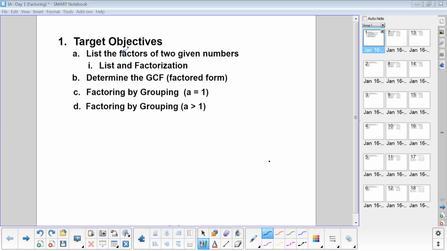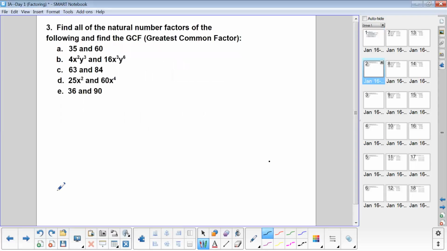So we've got the objectives for day one, and we're looking at factoring. I want to look at this first one here, and I'm looking for the GCF, greatest common factor of 35 and 60. One method is to think of factors of 35, so 7 times 5. Think of factors of 60, and maybe 10 and 6 were the first factors that came into your mind.